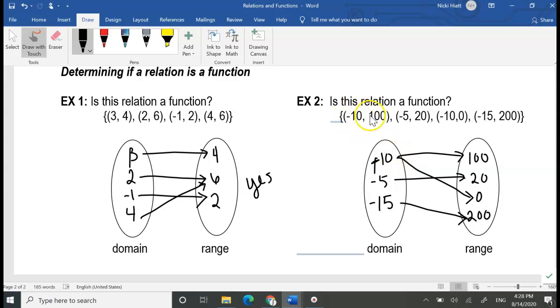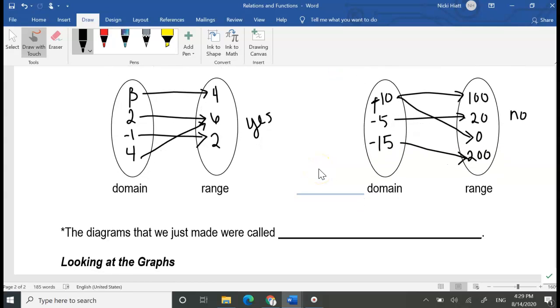Notice that -10 was repeated, those x values were repeated, so this is not a function. So this is one way that you can help you figure out if something is a relation or if it is also a function here. These diagrams that we just made are called mapping diagrams.